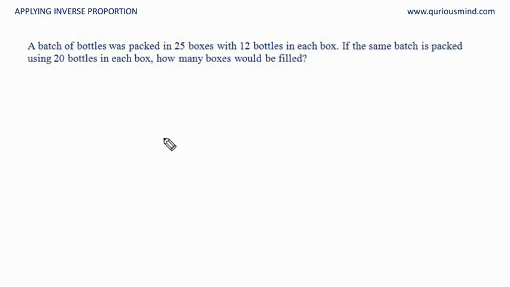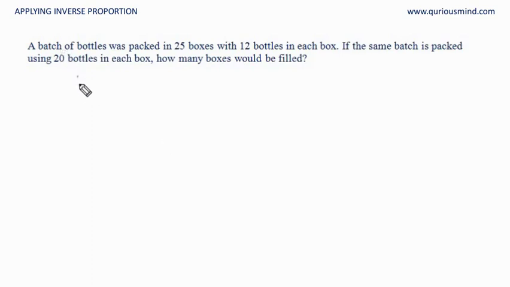Now we are going to pack 20 bottles in each box. So in each box there were earlier 12 bottles, now we are packing 20 bottles, which means the boxes required will be less. So by increasing the number of bottles packed in one box, we are going to reduce the total number of boxes required. So this is clear cut inverse proportion.